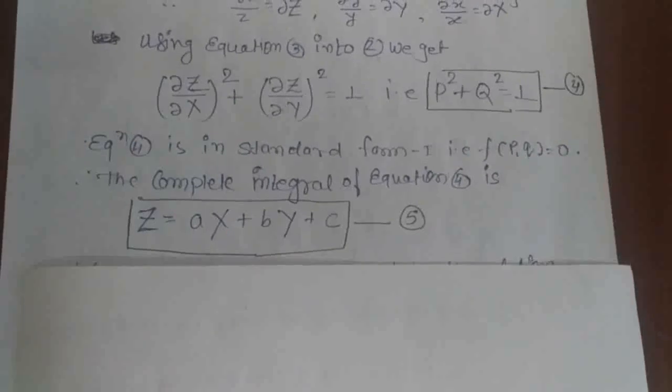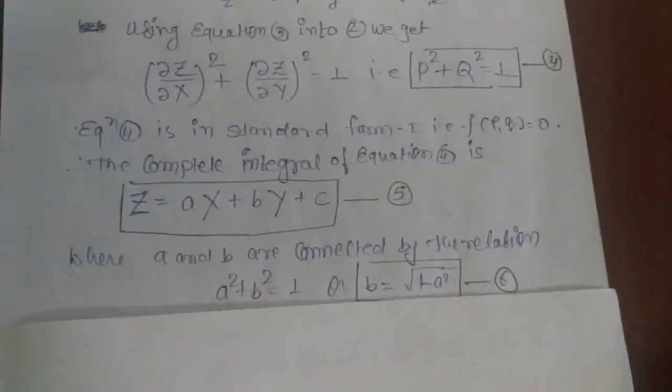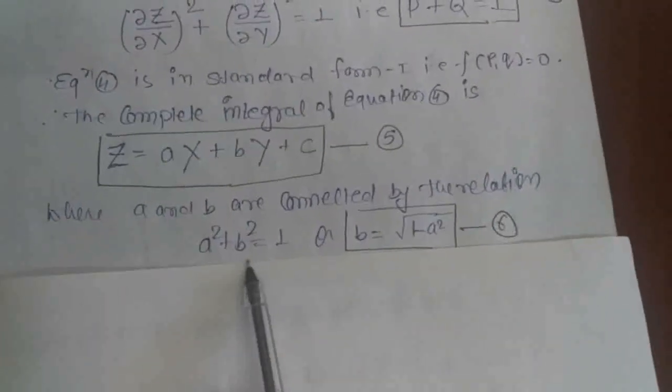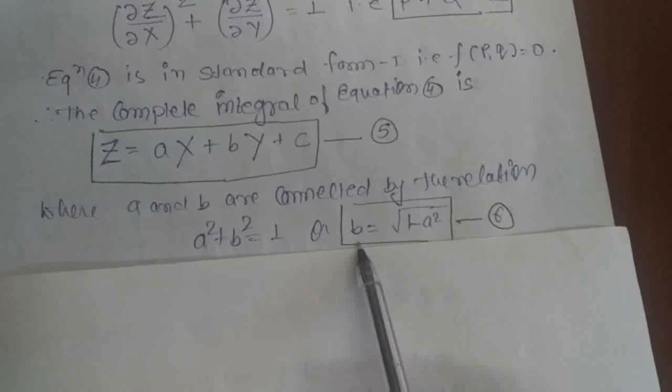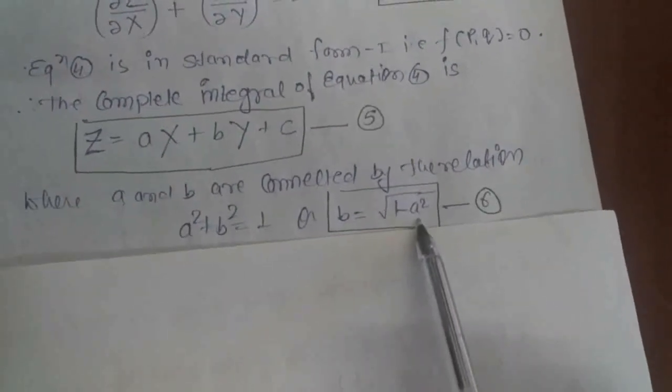So the relation between a and b is a square plus b square equal to 1. From this relation we get b in terms of a as b equal to root 1 minus a square.